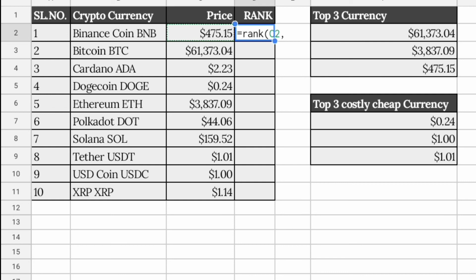For that you will have to type $, then the cell number. My cell is C2, so $C$2, then colon, my last cell is C11, so $C$11. Now close the bracket.